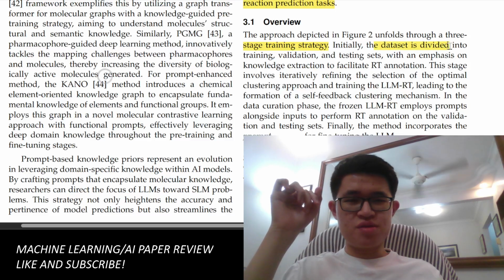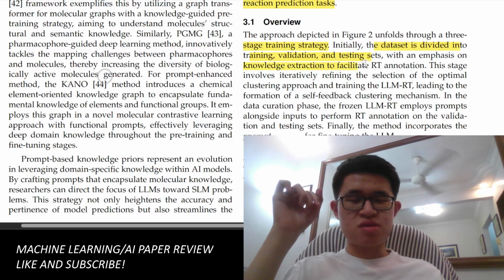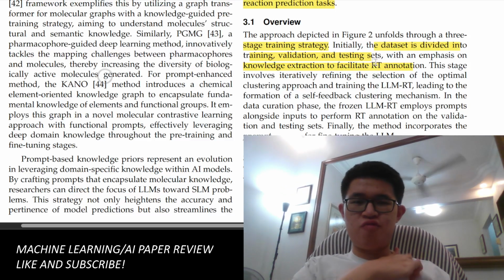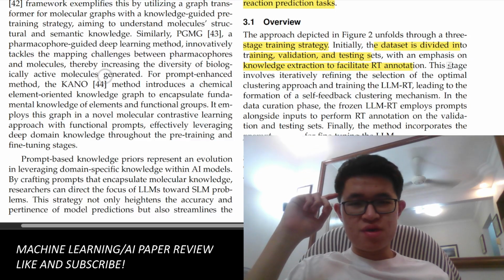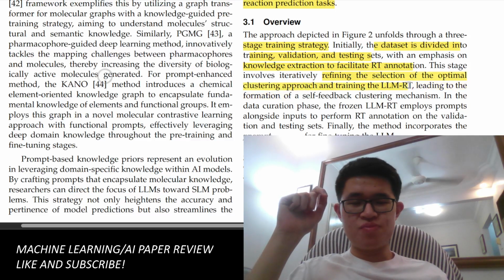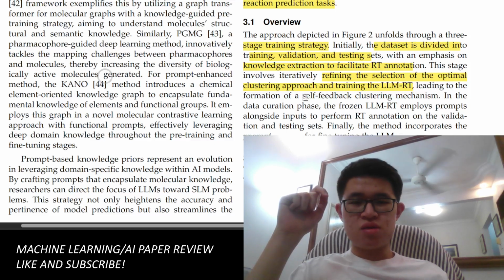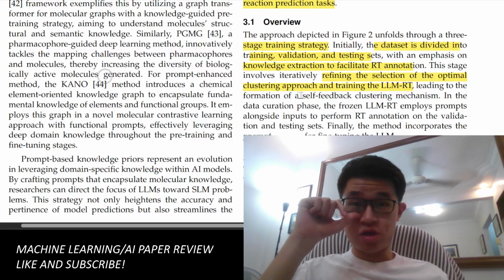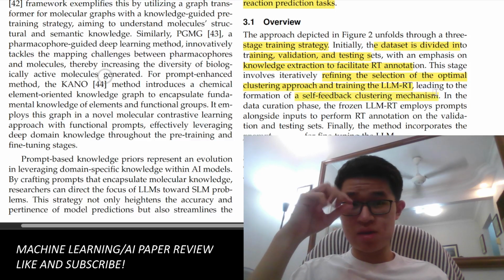Firstly, they divide the dataset into training, validation, and tests, with a focus on knowledge extraction to annotate for reaction types. This stage involves refining the selection of the optimal clustering approach in training the LLM RT, leading to the formation of the self-feedback clustering mechanism.